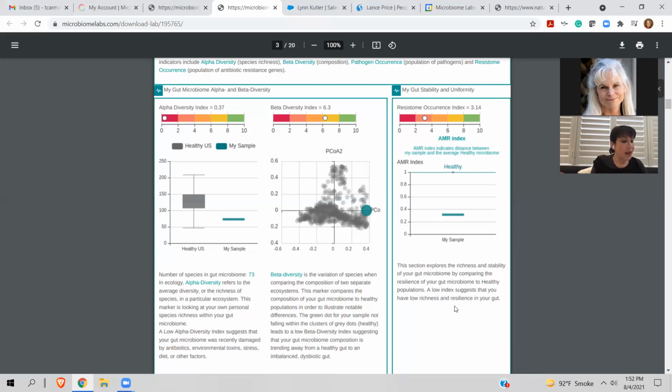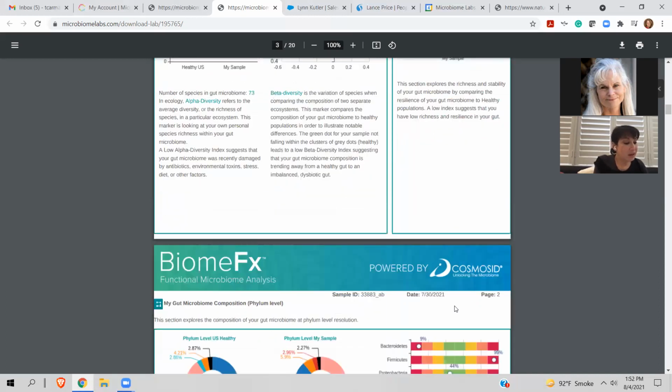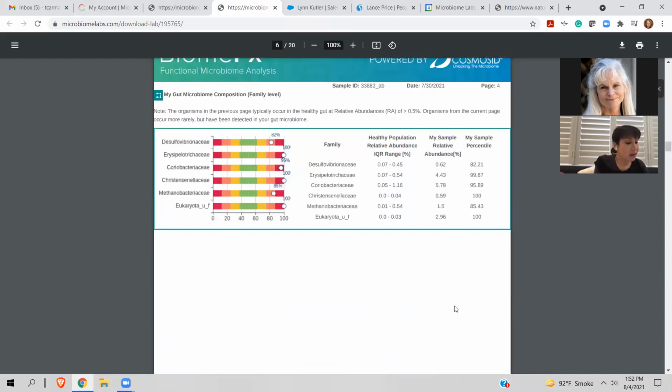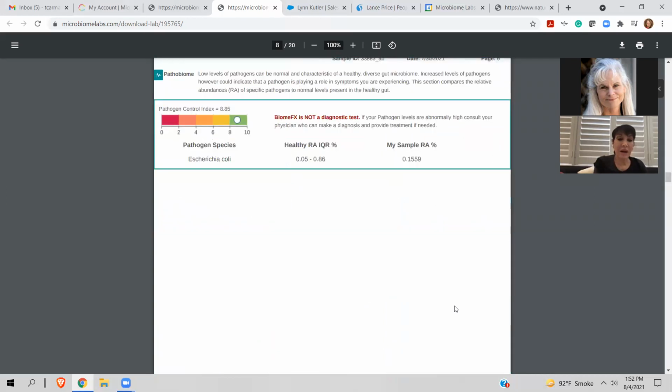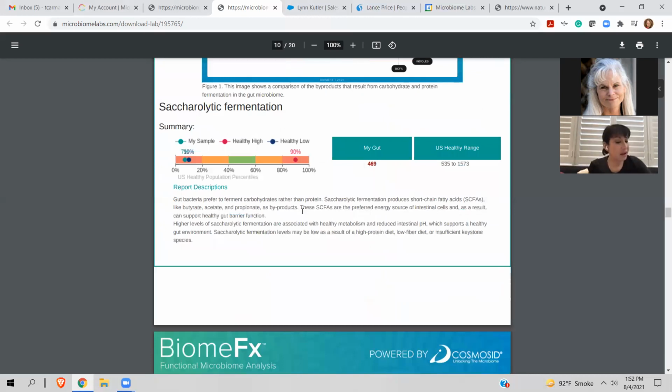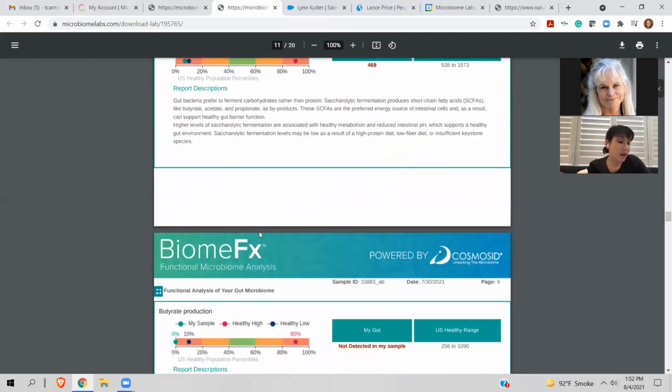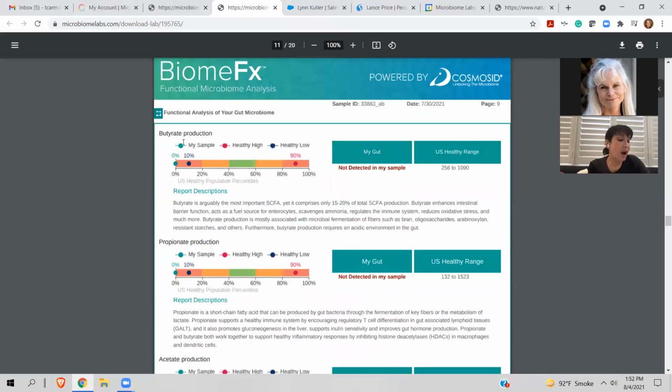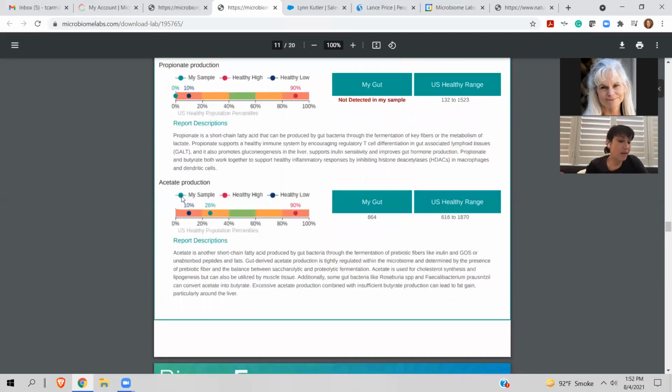Okay. And then on page 8, the saccharolytic versus proteolytic. Yeah, so that's saying, is there a difficulty in breaking down carbohydrates versus protein? So the green dot is his sample, and it's at the far end of the spectrum. So there is a carbohydrate breakdown problem. And this goes into the detail. He's got very low butyrate production, very low propionate production, very low acetate production.